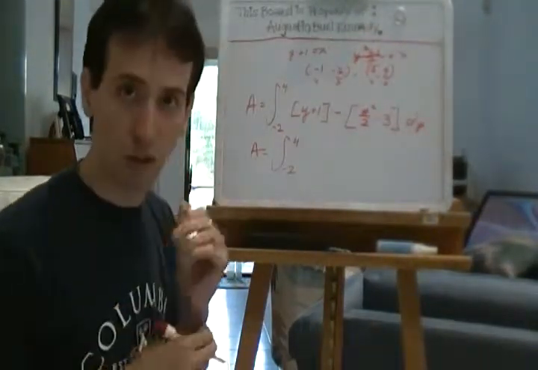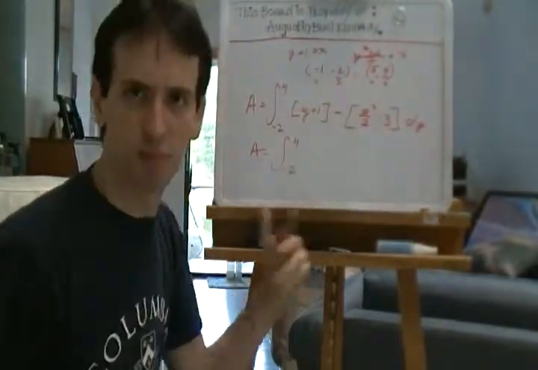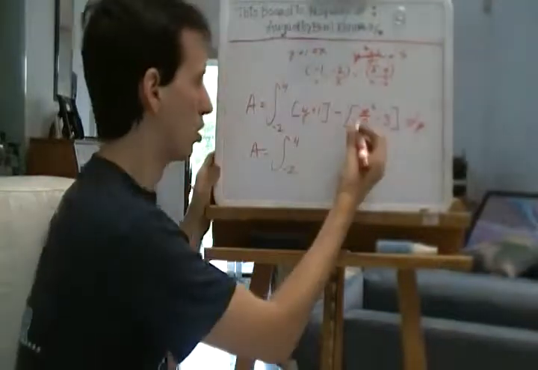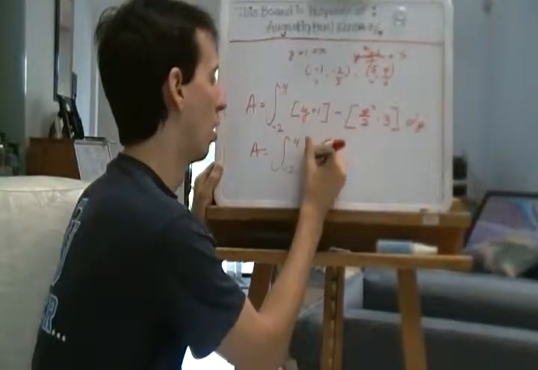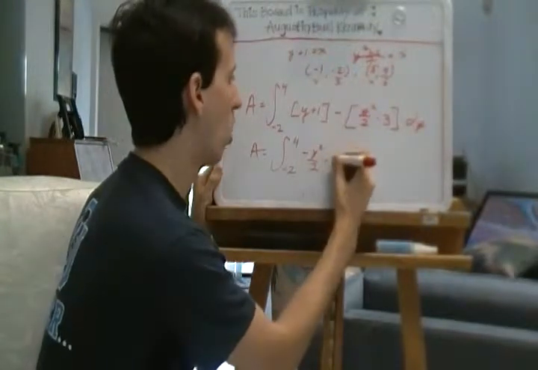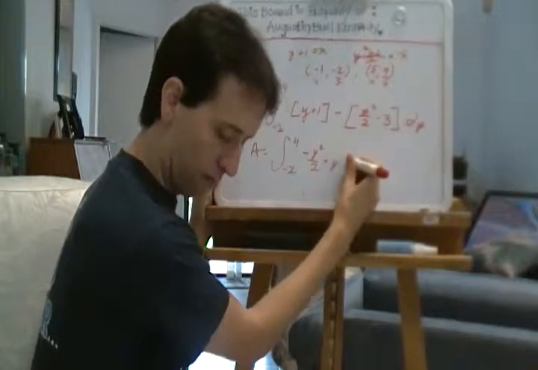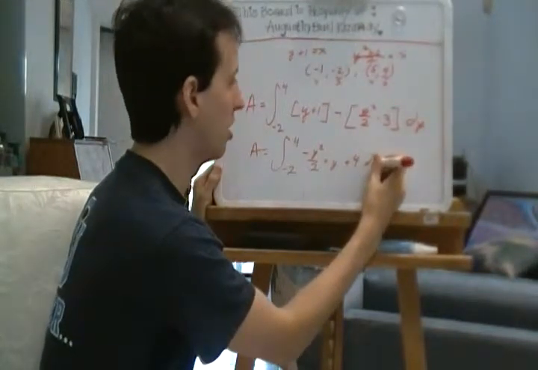Well, first, before we integrate, let's make this a little bit easier to work with. So we have negative y squared over 2 plus y, 1 plus 3 is 4, plus 4 dy.